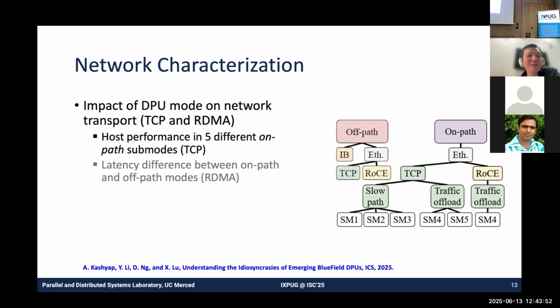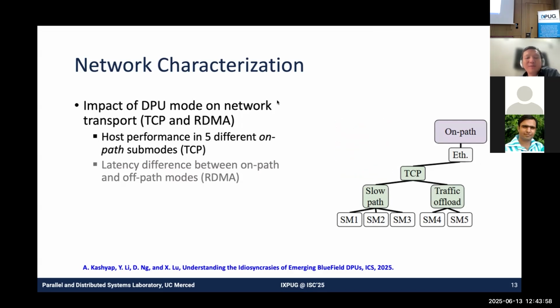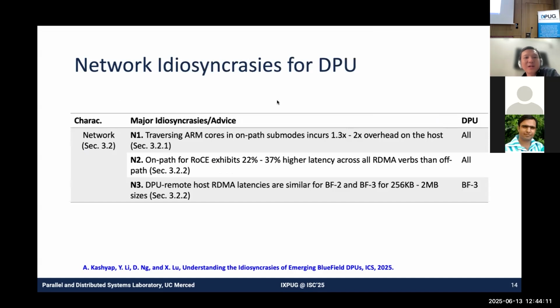So that's why I'm focusing on the TCP paths. For the TCP path here, basically we need to remove multiple things from this tree. So this is the only thing available if you just want to evaluate the TCP path, slow path, as well as traffic offloading. So we are focusing on these 5 submodes in the next few slides.